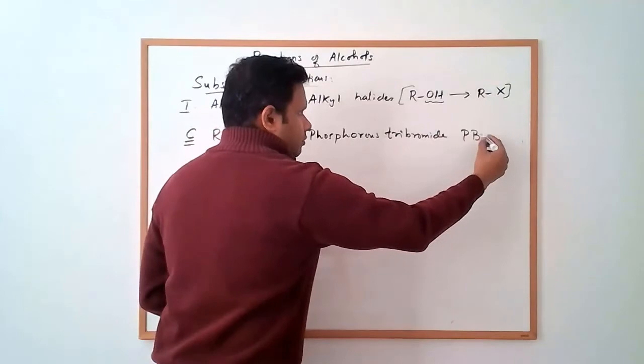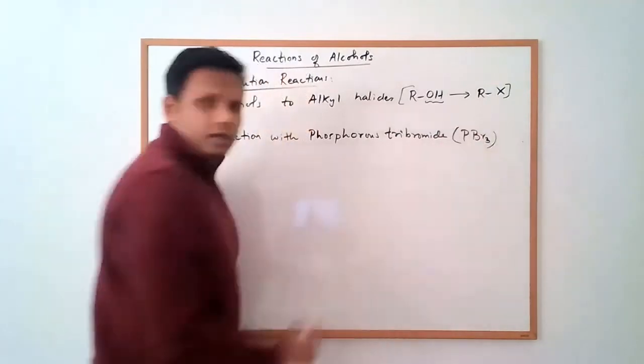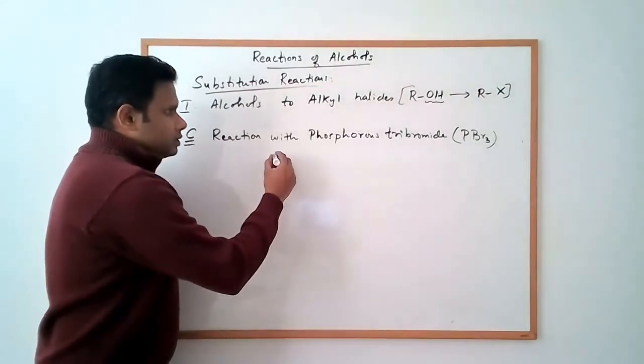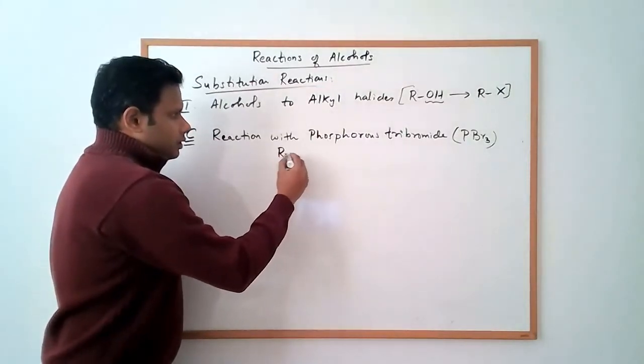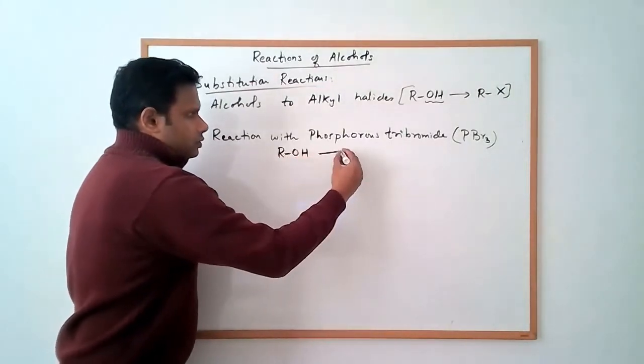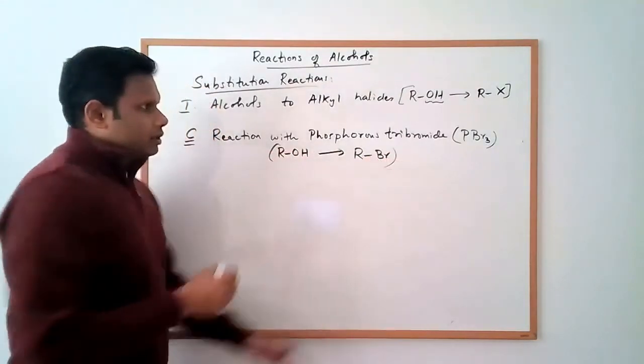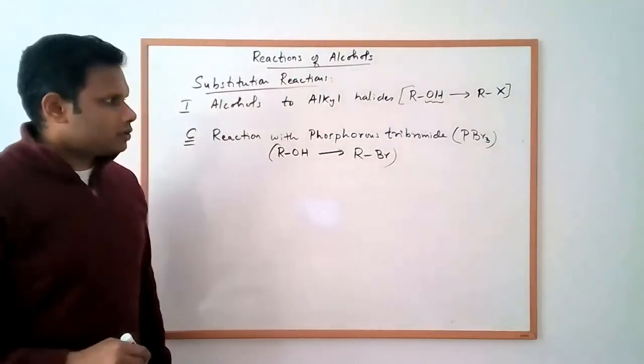This is PBr3, phosphorus tribromide. Okay, and what this does is it converts an alcohol to an alkyl bromide because we have the bromine in our reagent.